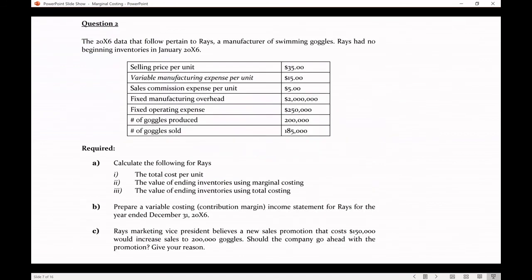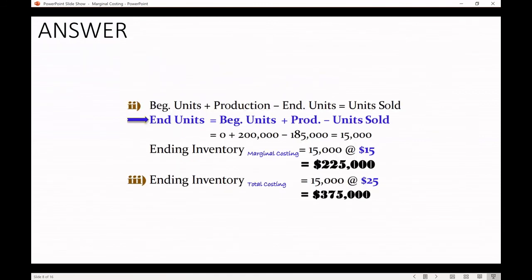We would have had all the information relating to this formula except the ending inventory, or the ending units. So we can make ending units the subject of the formula by transposition. It now reads: beginning units plus production minus units sold gives us ending units.